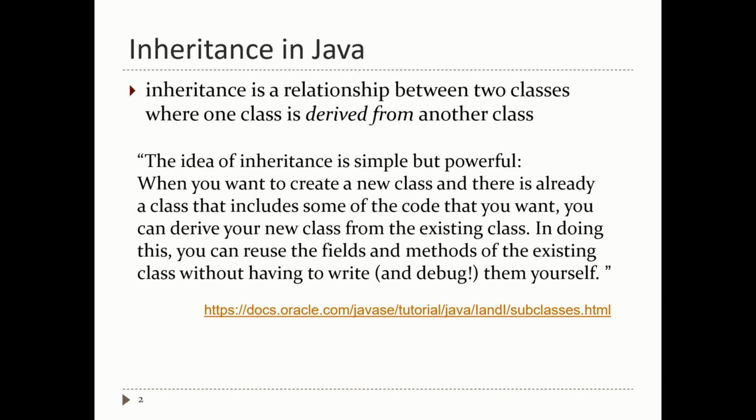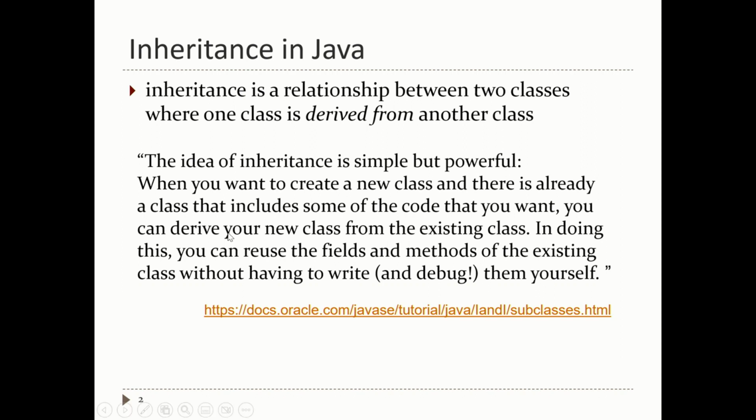When you want to make a new class, normally what you do is you shop around for an existing class. You say, well, I need something that does X. Is there some class that already does that? Often what happens is you find something that sort of does that. And if there's a class that already does a lot of what you're looking for, then you can use inheritance to reuse that class.